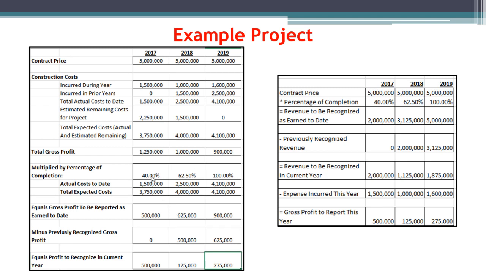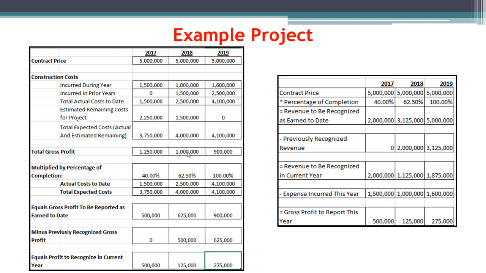So once we get these percentages under this method, we just take the 40%, multiply it by the gross profit that we are estimating at that point, and that tells us we need to, up to this point, record $500,000 in gross profit. Obviously, for year 1, nothing else has been reported yet, so that entire $500,000 gets reported this year. In year 2, we have an estimated 62.5%.